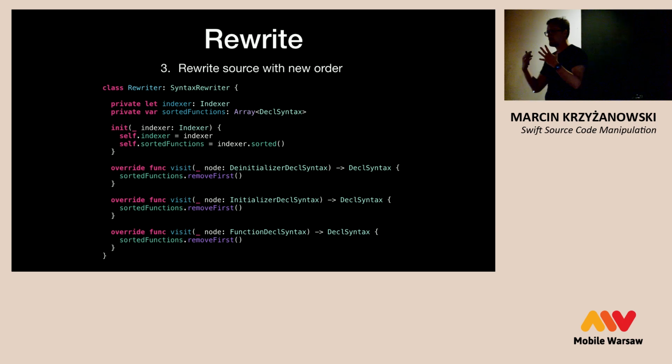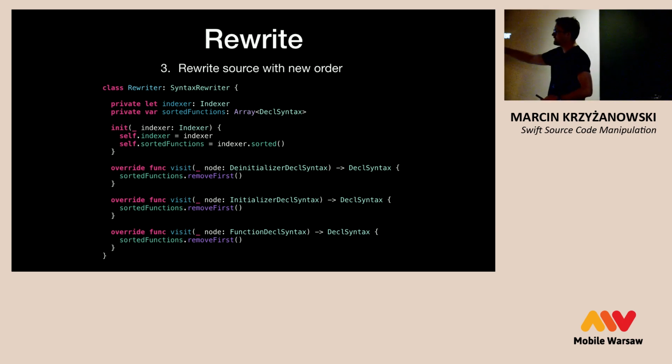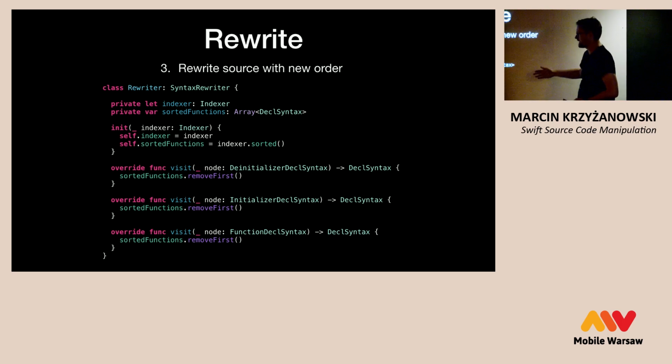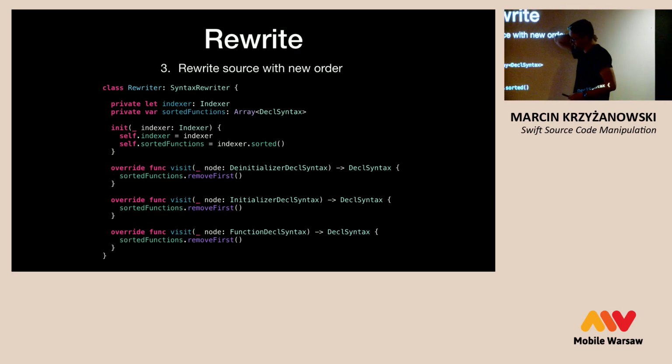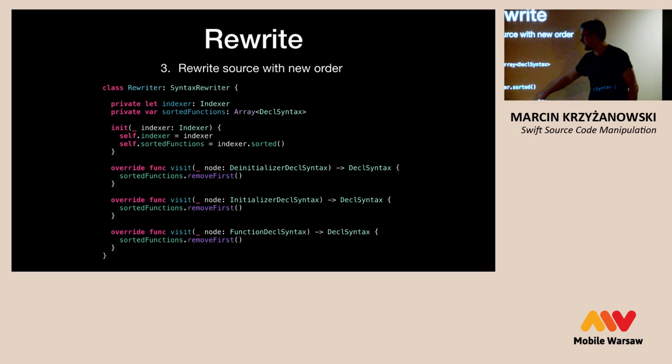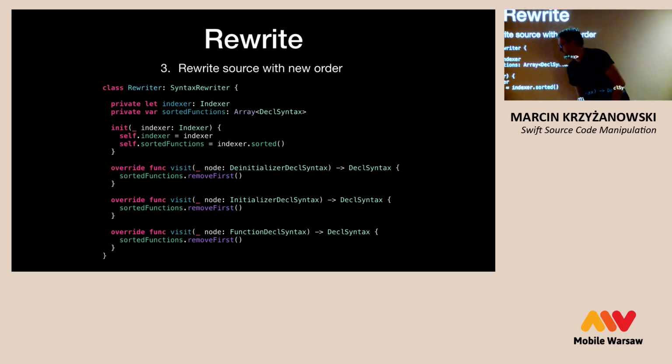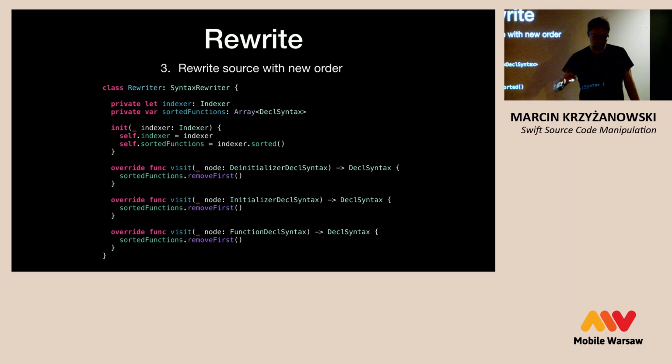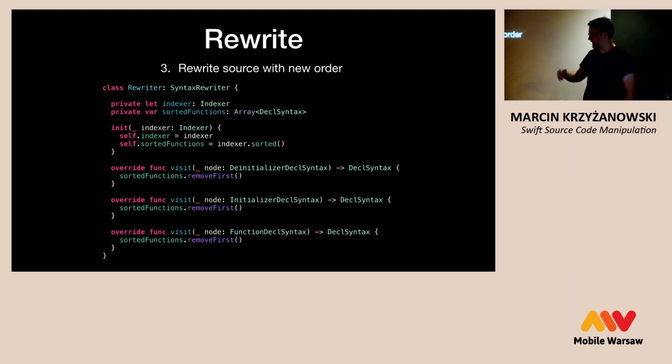Once I have these functions sorted, I can use those to rewrite my source, right? So I write the rewriter, same rewriter. When you find the initializer, just return the first element from the sorted functions and remove that, and so on and so forth.